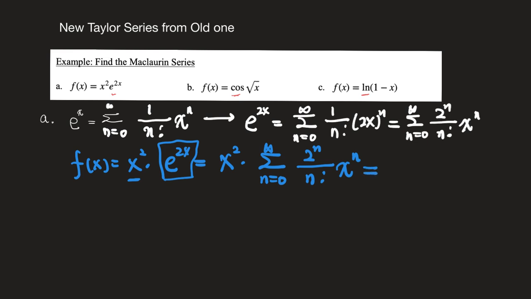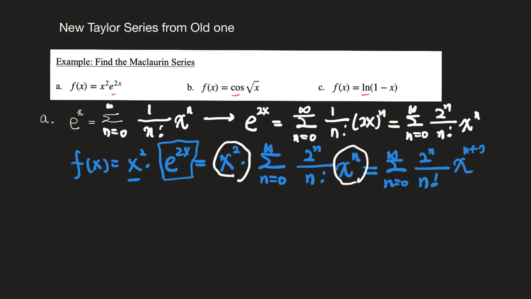Yes, it's the summation of 2 to the n over n factorial; you have x squared here and x to the n here, so you add the powers: x to the n plus 2. That's the Maclaurin series for f of x equals x squared times e to the 2x. Everybody understand?